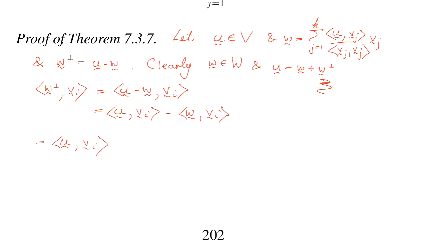This is the inner product of U with Vi minus, let's shove in the explicit expression for W. So you've got the sum over j, 1 up to k, of the inner product of U and Vj, over the length of Vj squared, times Vj.